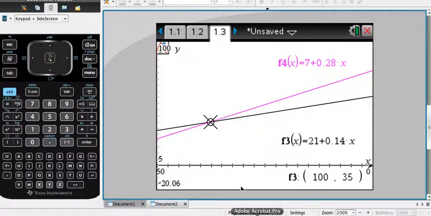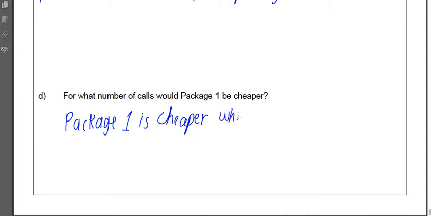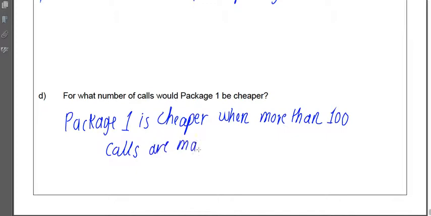So what I can say then is that package 1 is cheaper when more than 100 calls are made. Another way of writing that is n is greater than 100.